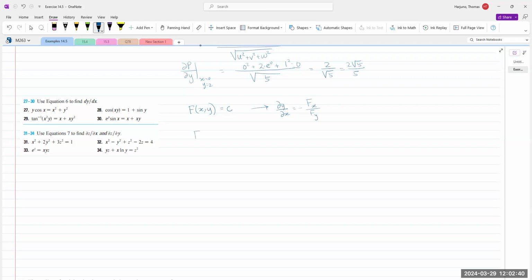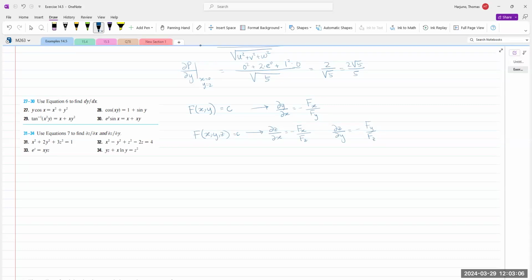If we have f as a function of x, y, z, then the partial of z with respect to x is negative f sub x over f sub z, and the partial of z with respect to y is negative f sub y over f sub z.